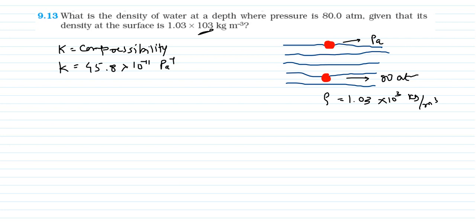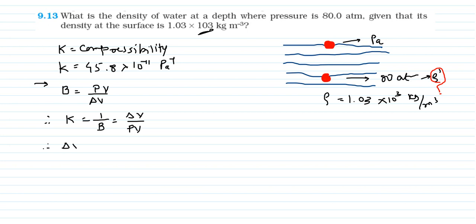Now see, here the density is rho, and at the depth the density will be rho dash. What is the density of water at the depth of the given water? We have to find rho dash, so rho dash is our question mark. Now see, bulk modulus is given by P upon delta V upon V, and therefore compressibility, the reciprocal of bulk modulus, is delta V upon PV.